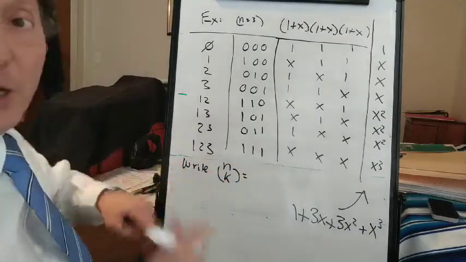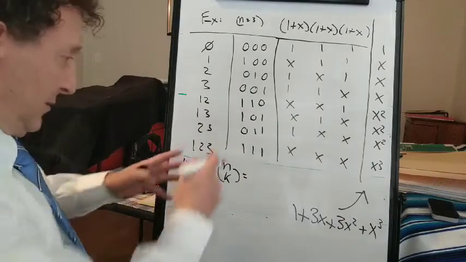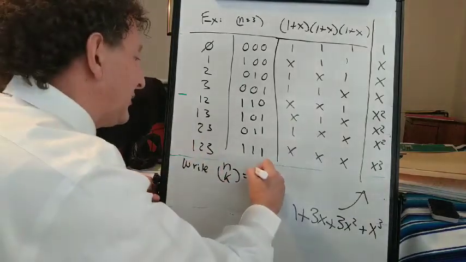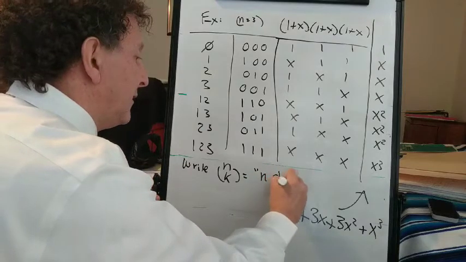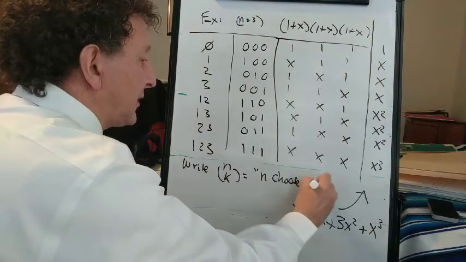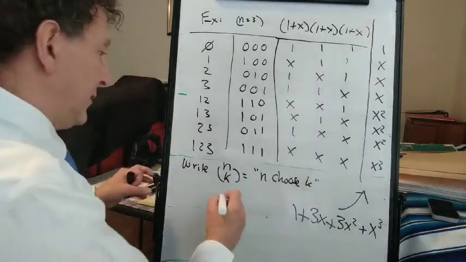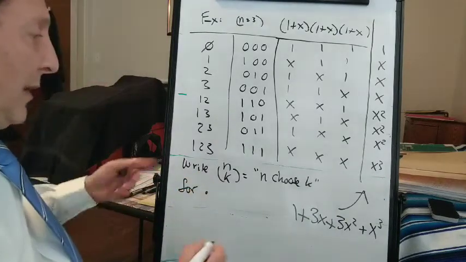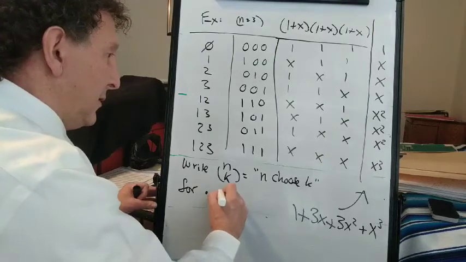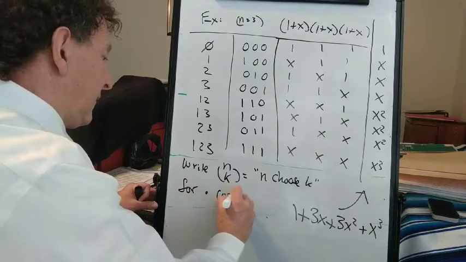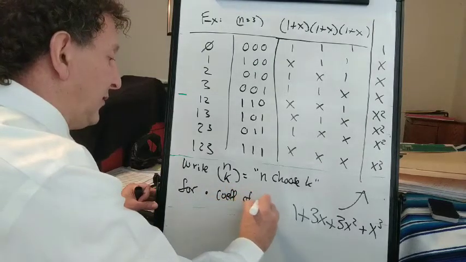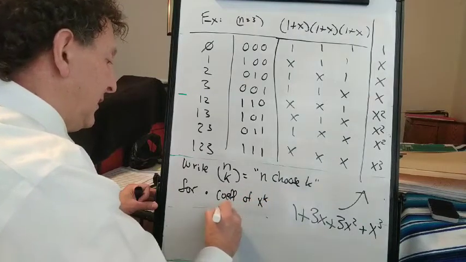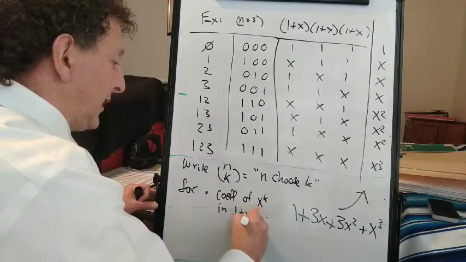We'll write n over k and put parentheses around the n and the k and call this n choose k. We write this for the coefficient of x to the k in (1 + x)^n.